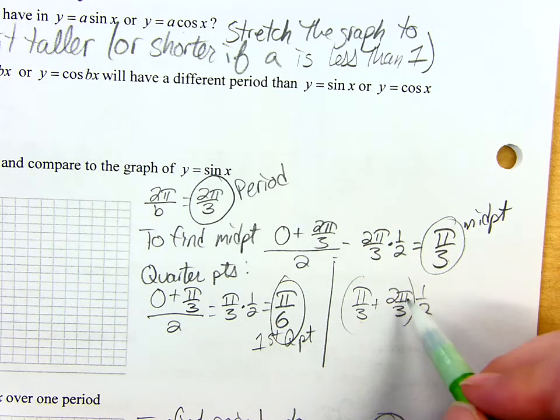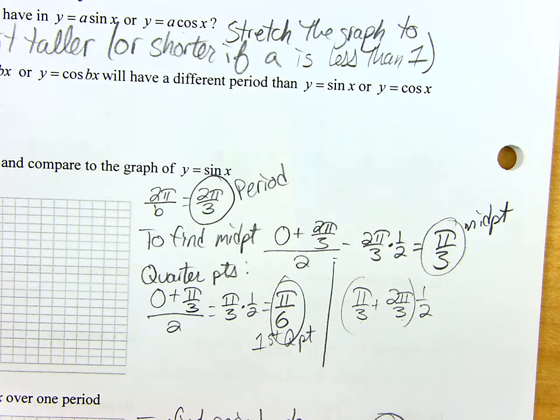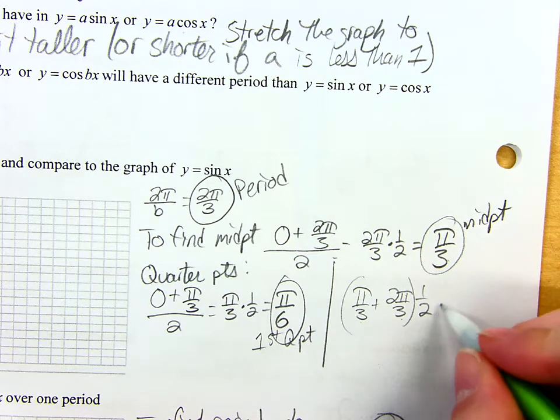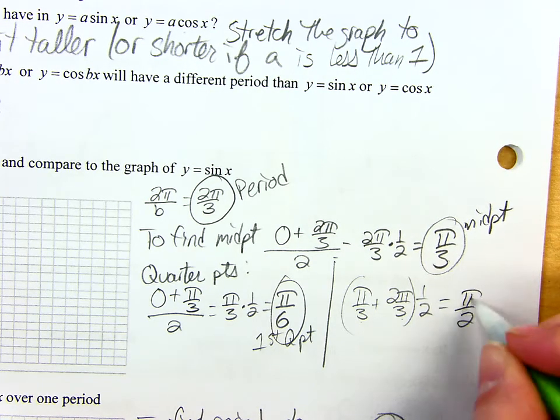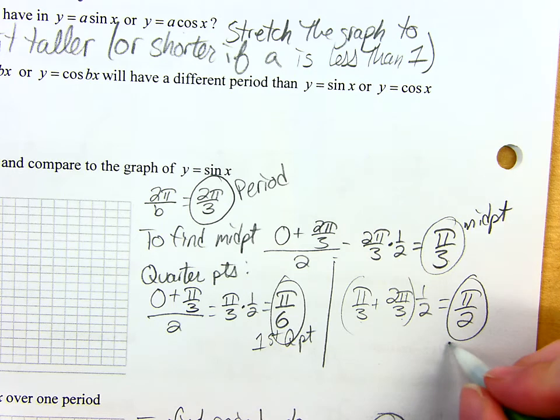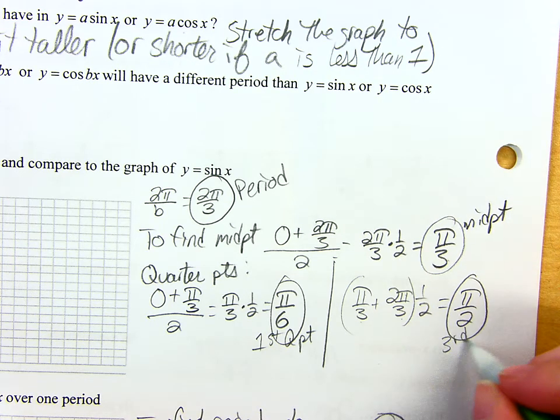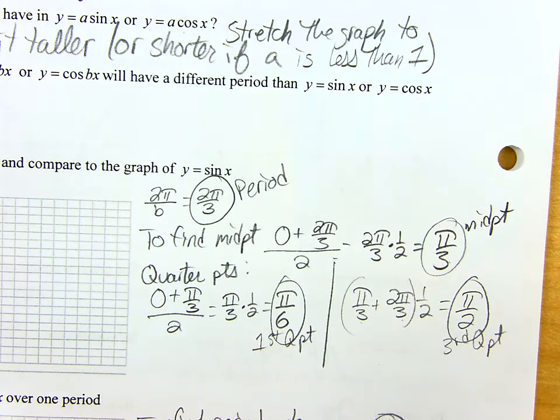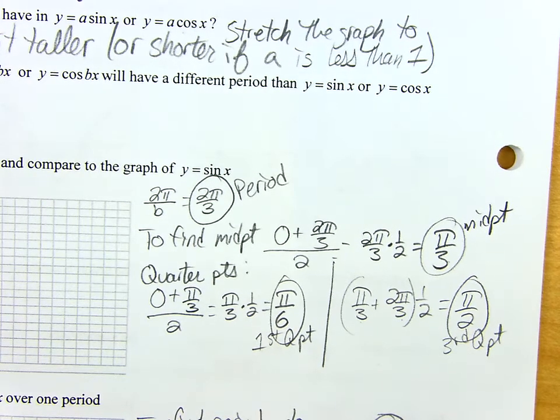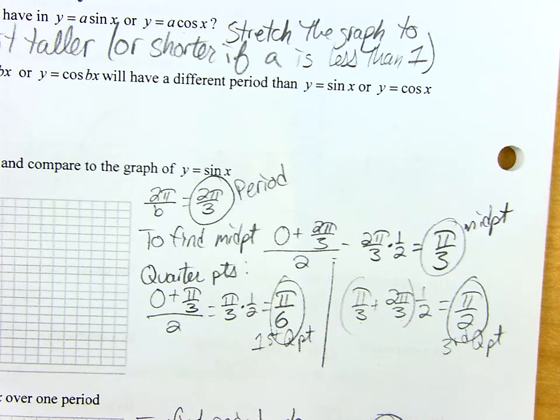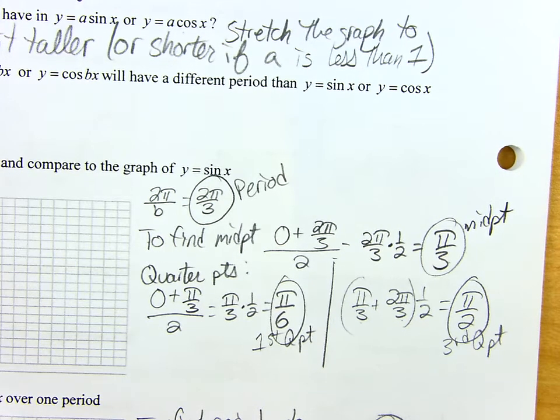So what's pi over 3 plus 2 pi over 3? 3 pi over 3, which is really just pi, and then pi times a half, just pi over 2. Does that make sense? It's weird to find though, but once you get the hang of it, so you find your period, and then halfway between those two, and then halfway between those two.